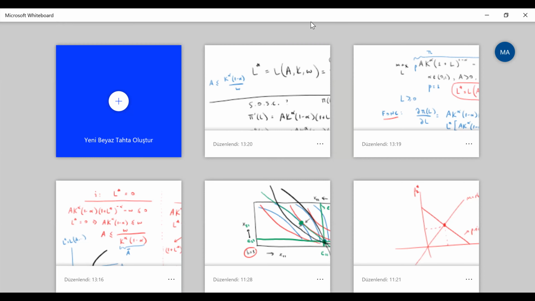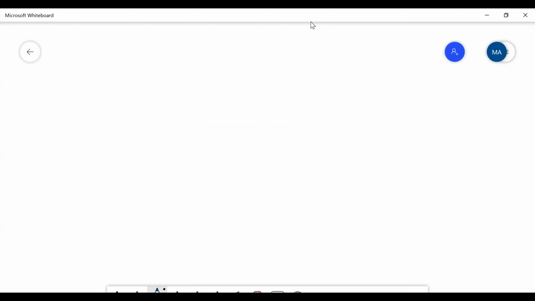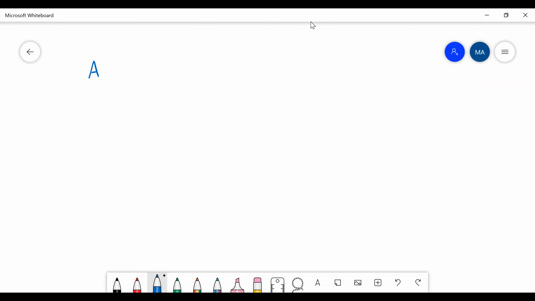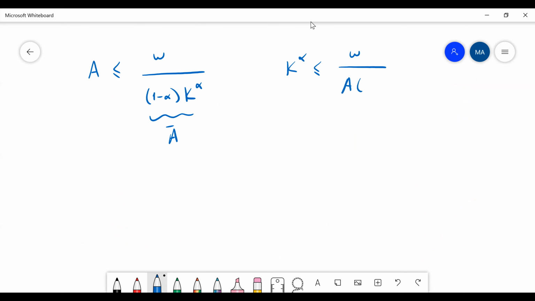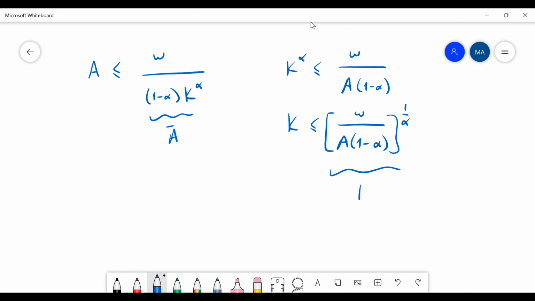Yes, sorry. The condition is this: 1 minus alpha, K to the alpha. So this is your A bar, but alternatively, you can write K to the alpha less than or equal to this, and then K less than or equal to this. Then this becomes your threshold parameter for capital stock.